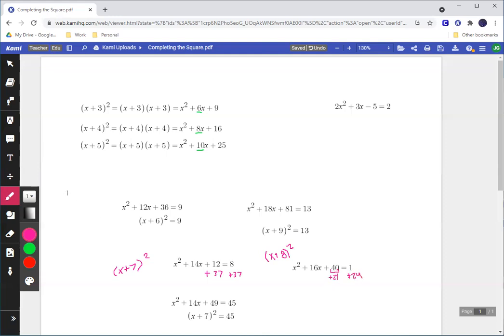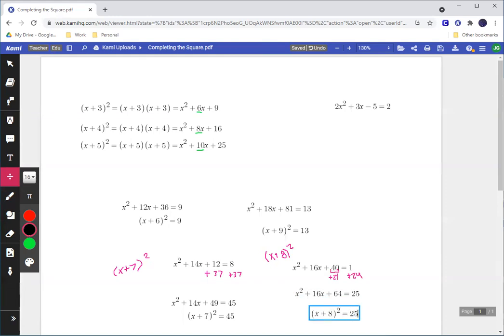And we have to add it to both sides. And that is going to give us our pattern, x squared plus 16x plus 64 equals 25. And now that our pattern is complete, now that we have completed the square, we can replace it with x plus 8 squared equals 25. And again, this is what we want.